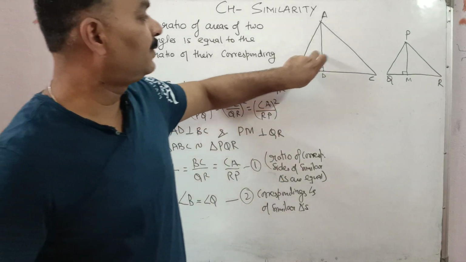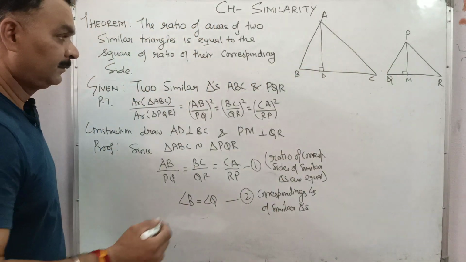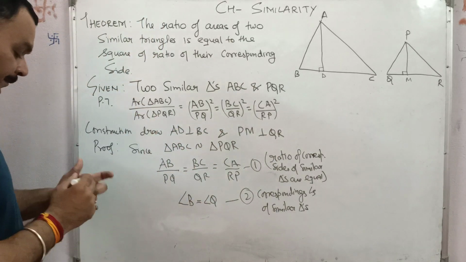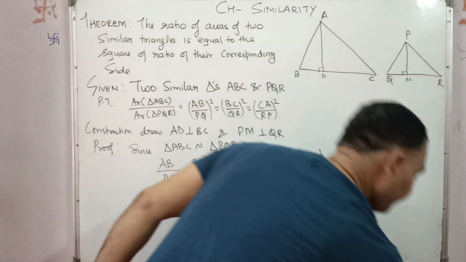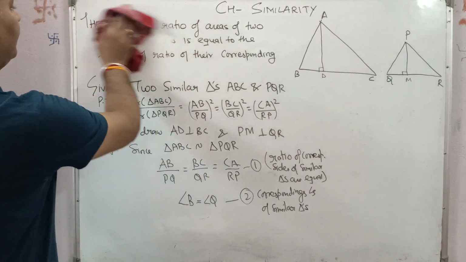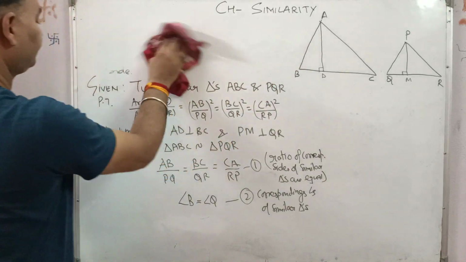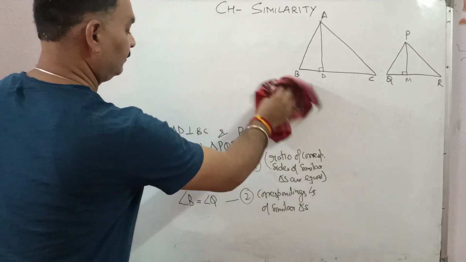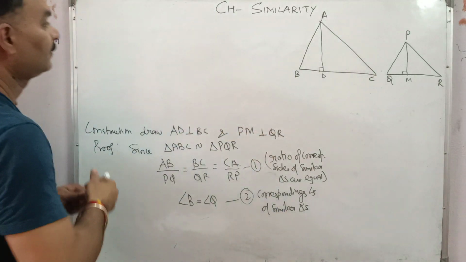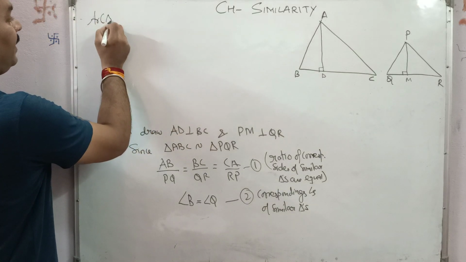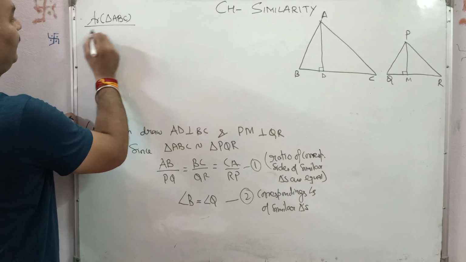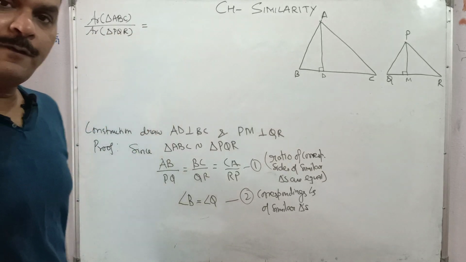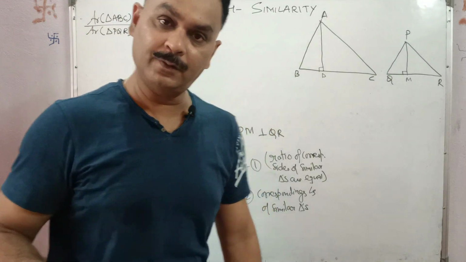Now we need to prove that area of triangle ABC to the area of triangle PQR. So we will start it from here only. Now we all know that the area of triangle is equal to half base into height.